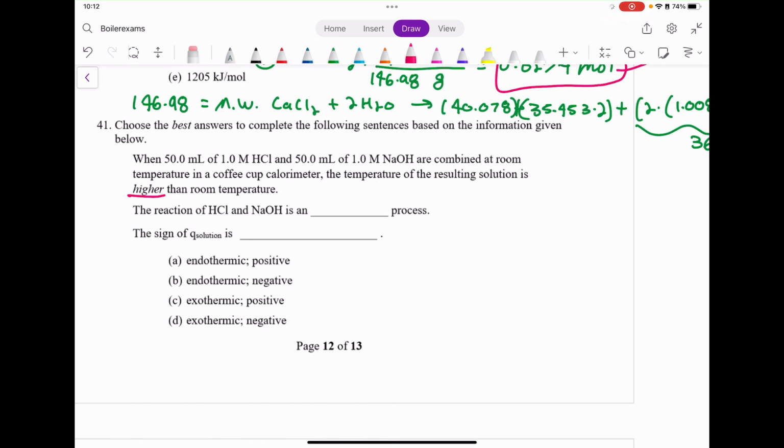If it's heating up, energy is being released, it's exothermic. You just kind of know. And we know that the Q of the solution is positive because it is gaining temperature and heat. 41C.